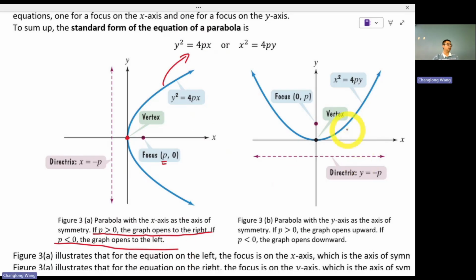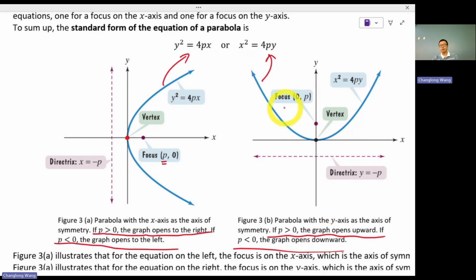Now take a look at the vertical parabola. Now it is the x that gets the square, because now the y doesn't get a square. So this is the way the parabola opens. And again, if p is positive, the vertical opening parabola opens upward. Otherwise, it opens downward. Okay, that means you just have to track how much p is.